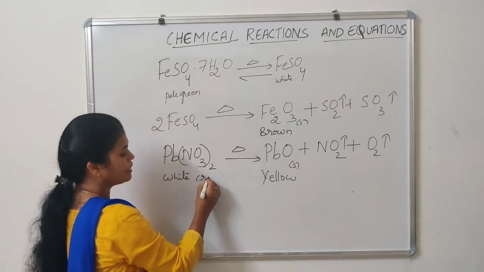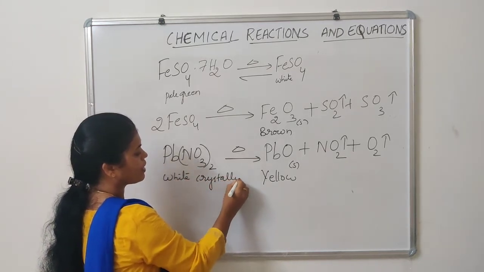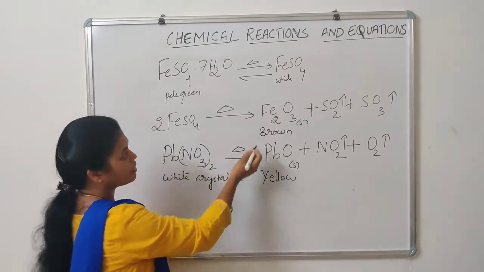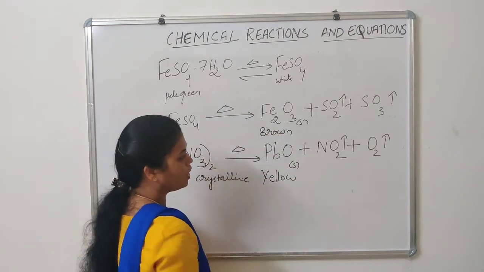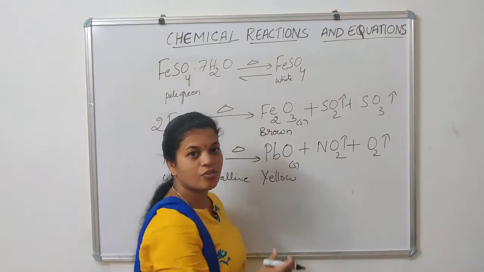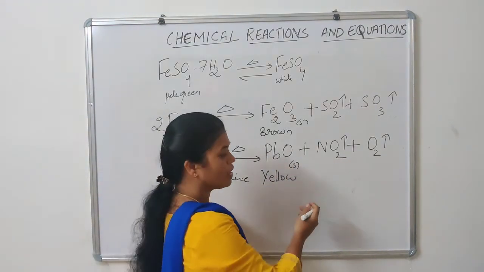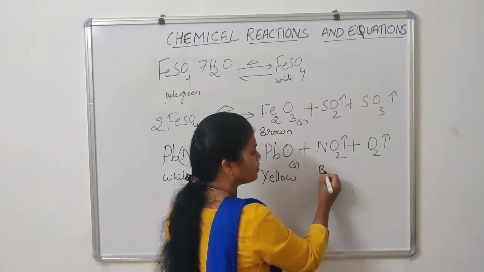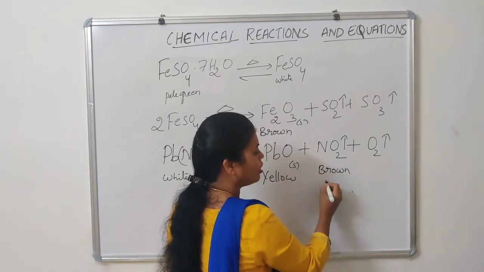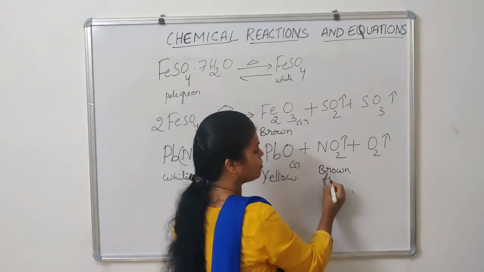The iron sulfate is pale green and turns to brown, and here the white crystalline solid turns to yellow. And what is the characteristic of nitrogen dioxide gas? You can see brown fumes evolving.